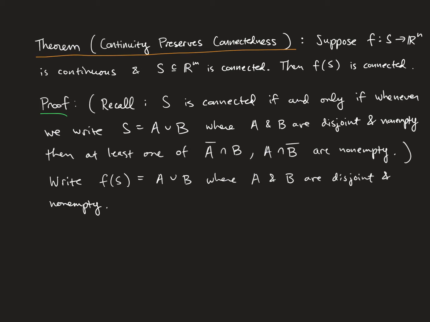We have that S is connected, so somehow we want to take this writing of f of S in this disjoint form, and pull that back to a similar decomposition of S. So naturally what we're going to do is look at everything in S that maps into A and everything in S that maps into B. So what we're going to do is consider f inverse of A and f inverse of B.